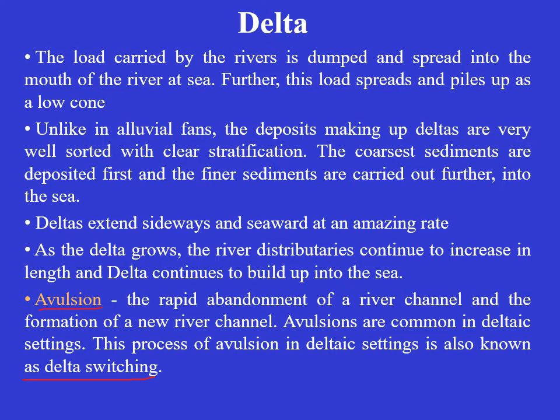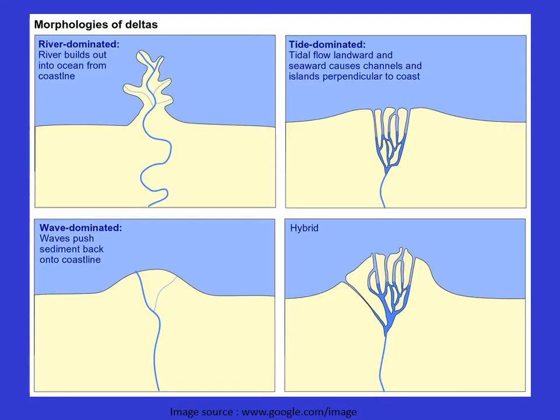Because of the blockage by delta sediments, the river channel changes its path frequently, and this process is known as avulsion. Due to the avulsion, the delta also changes its shape and size, which is known as delta switching.